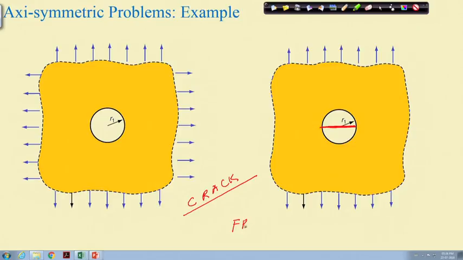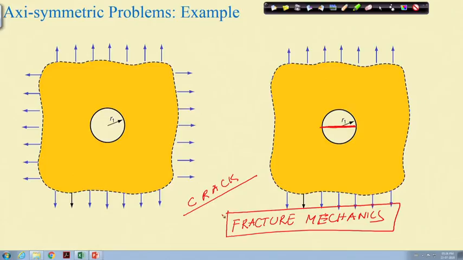That stress field will give us an opportunity to introduce a new subject called fracture mechanics.